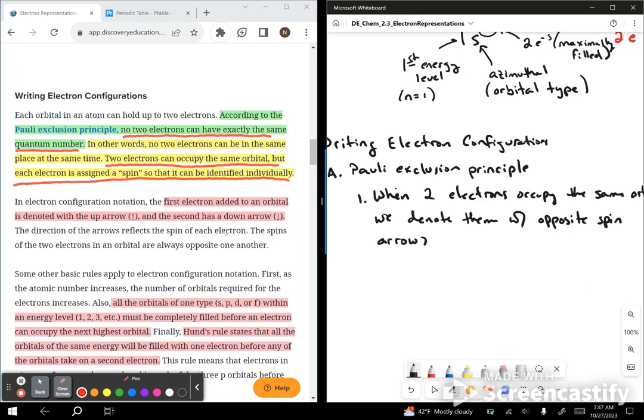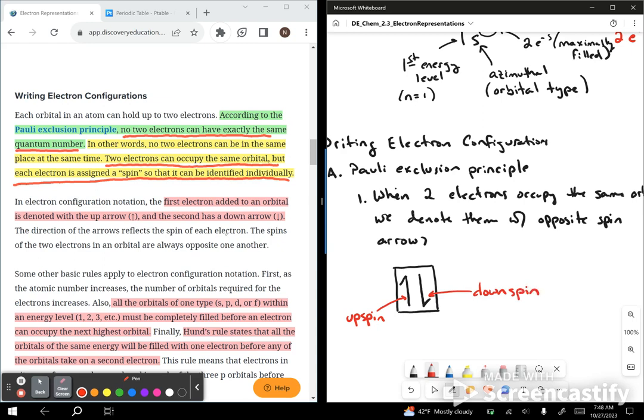So if you remember our example, we said that when you're filling an electron configuration chart, you have an up spin and you have a down spin, okay? This represents the up spin, and this represents the down spin.